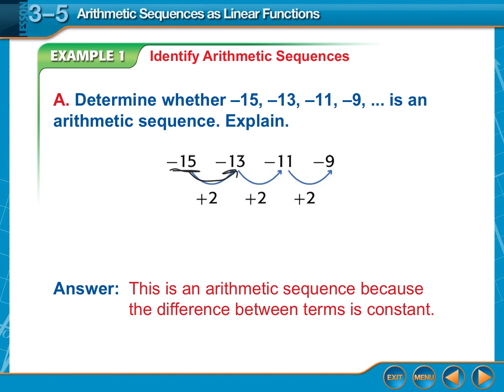Adding 2 because we're getting closer and closer to 0. So what would our slope be in this case? 2. If I added another term, what would my next term be? Negative 7. What about my next term? Negative 5. We're continuously using that slope that we saw.